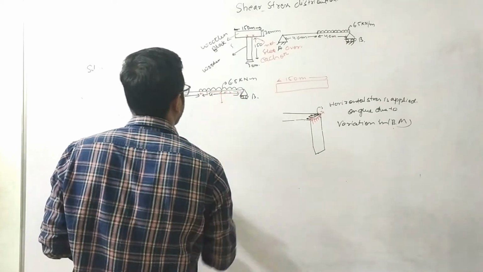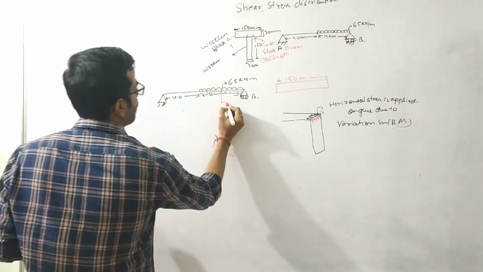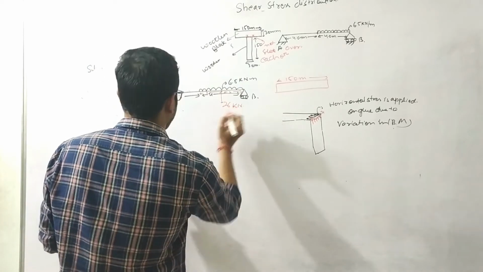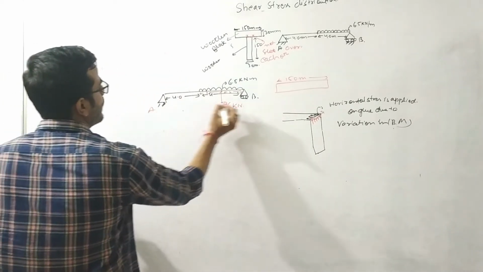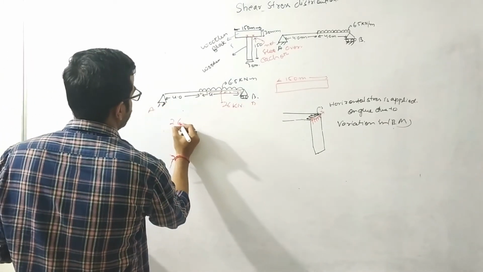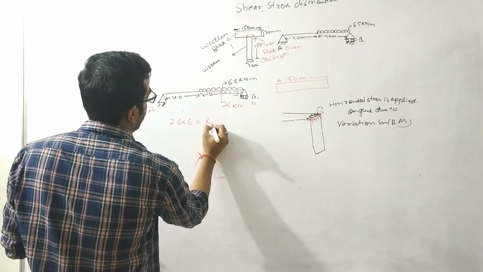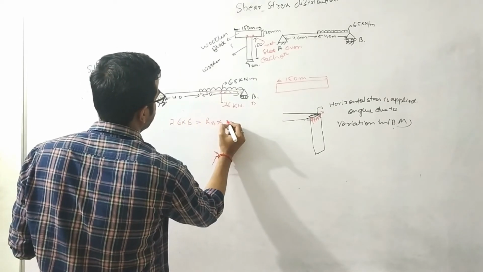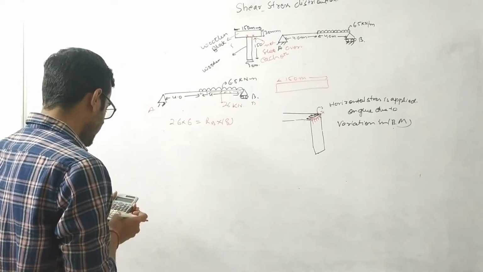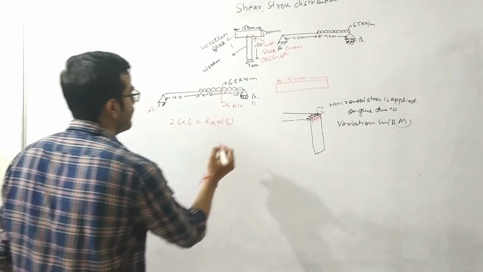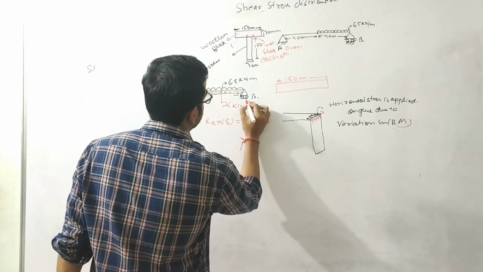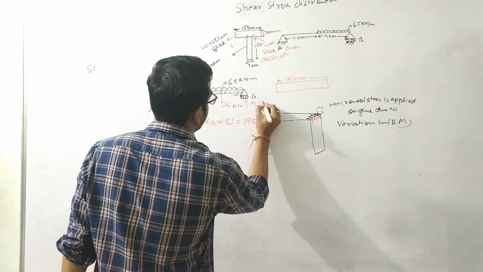Now if I take moment equilibrium about point A, I get 26 into 6 equals RB into 8. So 26 into 6 divided by 8 equals 19.5 kilonewton. At this location my shear force will be 19.5.